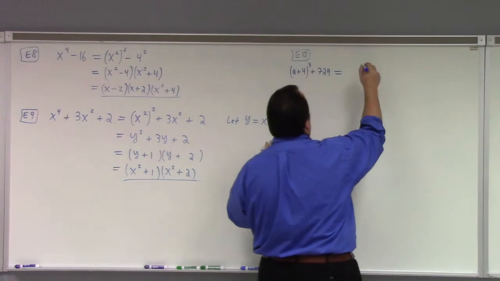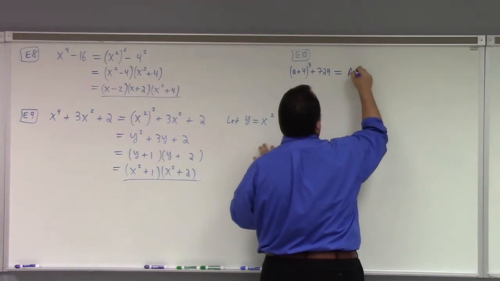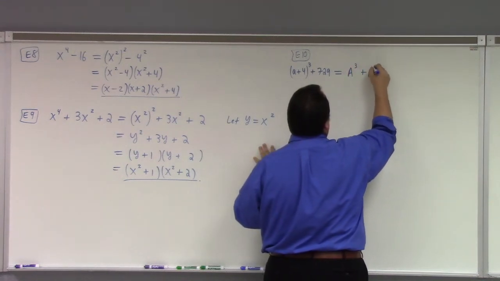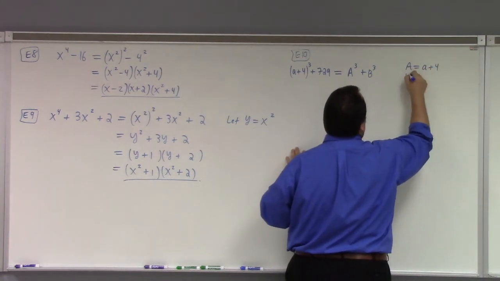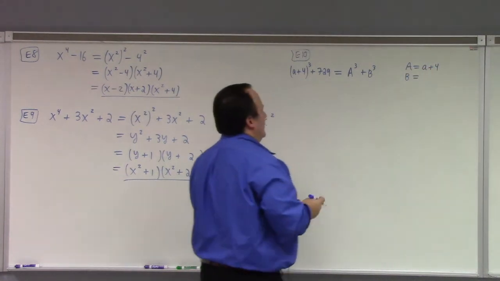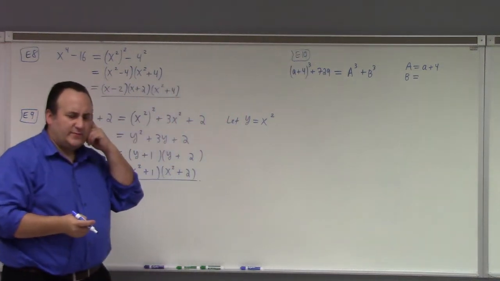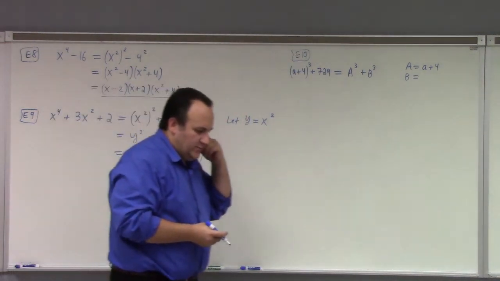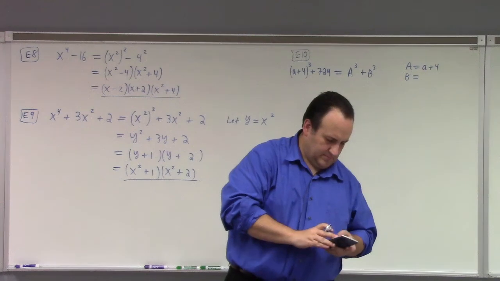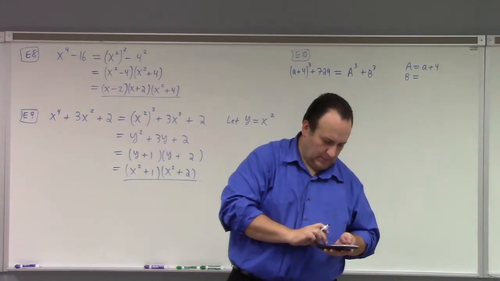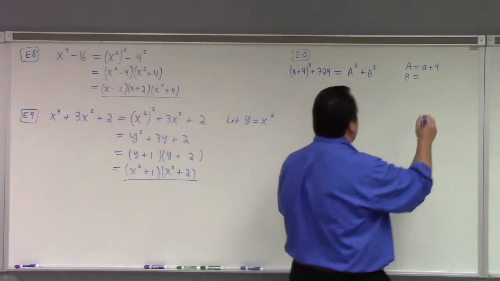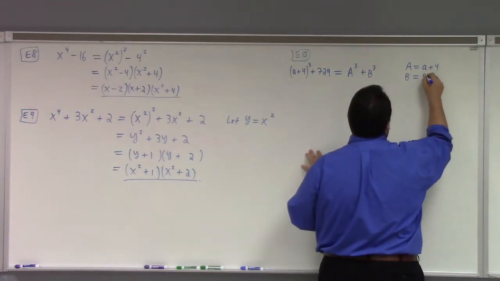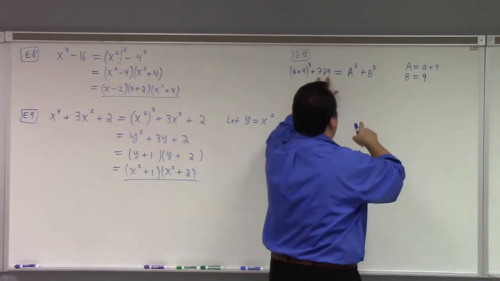My apologies. So this is a cubed plus b cubed, where a and b are what? What was 729? What did we say? 729 was what cubed? 9. Yeah, 9 cubed, that's right. So this is b cubed, this is 9 cubed.